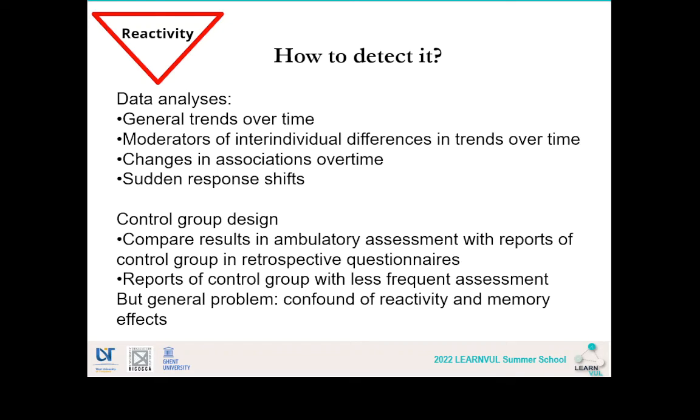If you're looking at covariation, depending on the data points you have different relations. Maybe at the beginning it's a certain type of covariation, and then afterwards it might be an indicator of reactivity. Okay. The other option is a control group design, in which either you're not measuring anything or you're measuring something different. Or with prospective questionnaires. But you can have a confound between reactivity and memory effect, as I was saying: if I'm asking you how much physical activity you did last week, you may have biases in your responses.